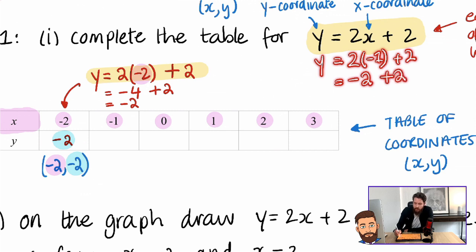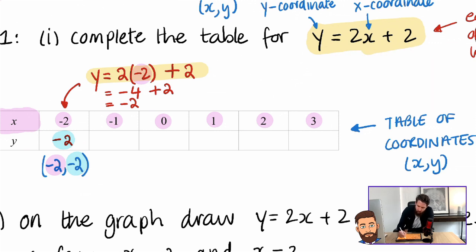Well, what is -2 plus 2? -2 plus 2 would be 0. So my y coordinate when x is -1 would be 0. So again, I've made another coordinate where x is -1 and y is 0. We're making coordinates here, and we're going to plot them in a moment, and we're going to see that it makes a straight line.